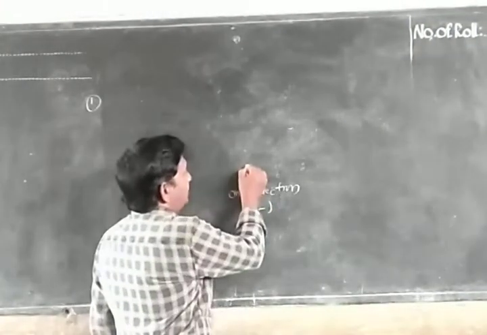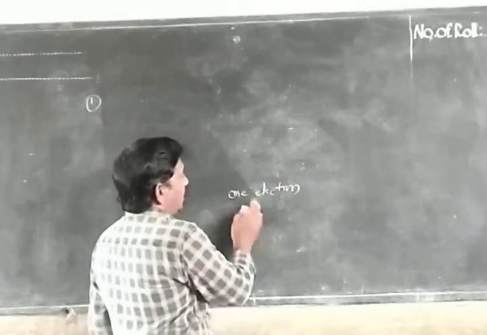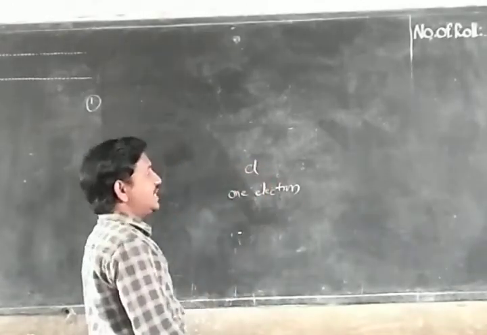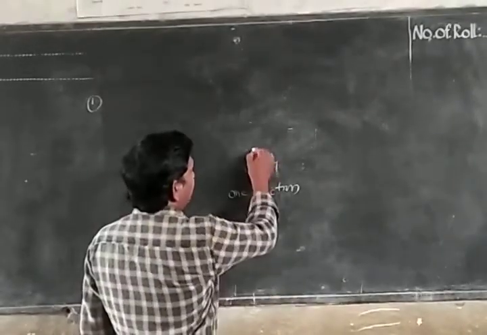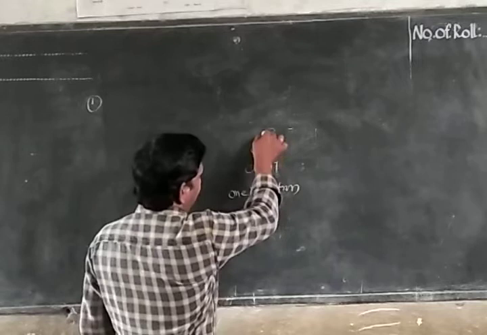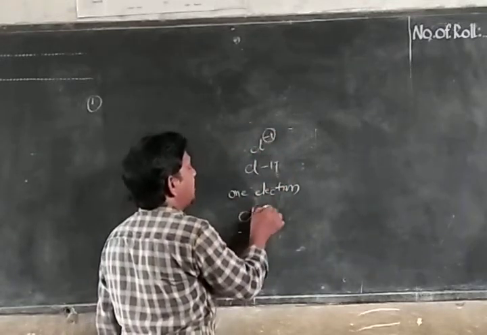For example, Cl has 17; to get 18, it becomes Cl minus by acceptance of one electron.